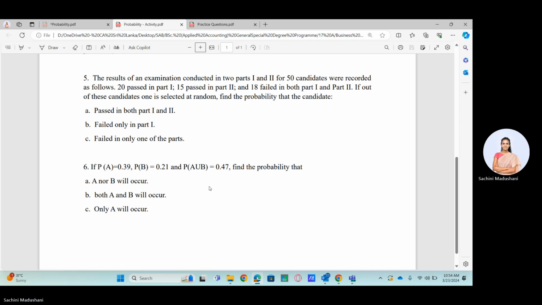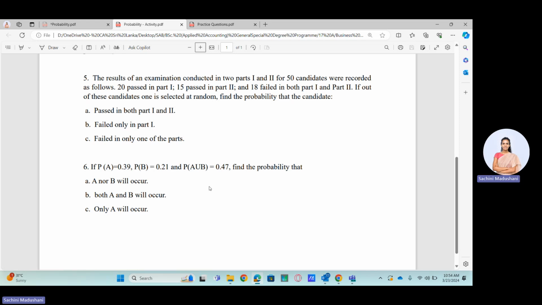Then failed only part 1. How many candidates failed only part 1? It means how many candidates passed part 2?